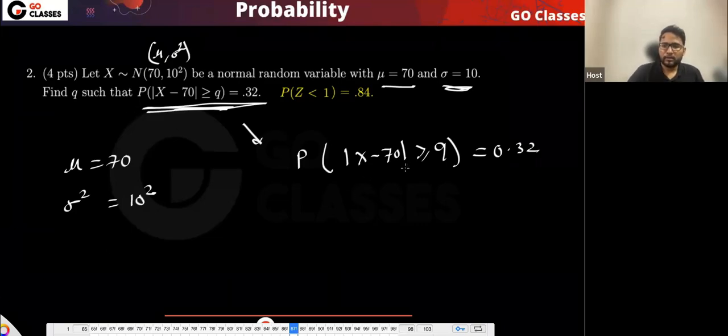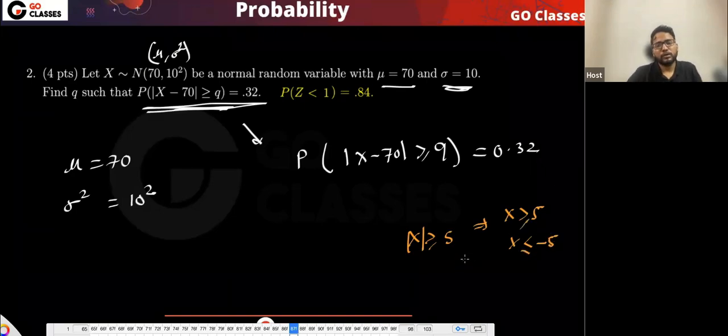Do you know what mod X greater than or equal to 5 means? What are the possible values of X? X could be greater than or equal to 5, or X could be less than or equal to minus 5 also. Because this is mod, if it is less than or equal to minus 5, like minus 7 or something, then also it is true.